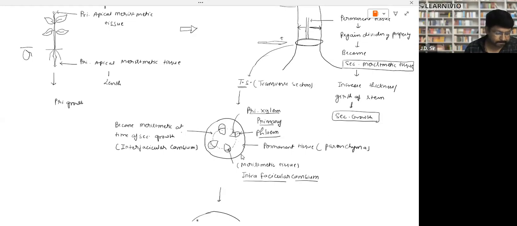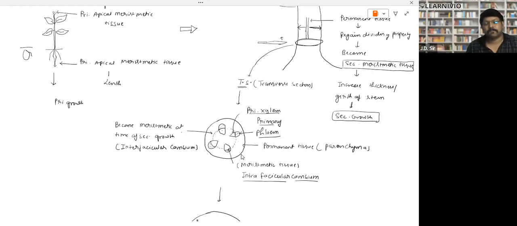Secondary growth is the formation of secondary tissues like secondary phloem and secondary xylem. Full stop.